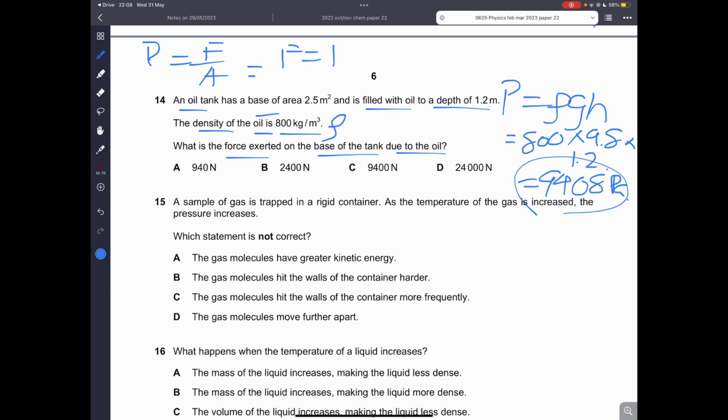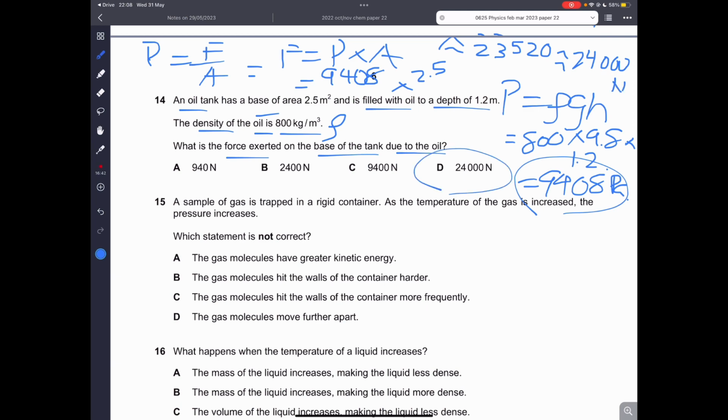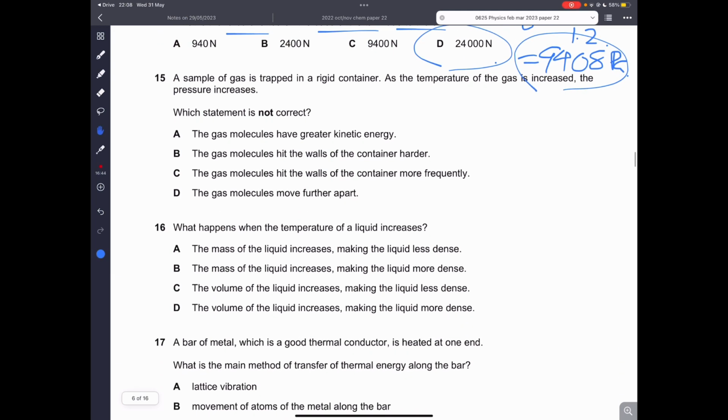Force is equal to pressure times area, so the pressure is 9408, while the area is 2.5. This is going to give us an answer of 23520, which is about 24,000 newtons, and therefore D is the correct answer.